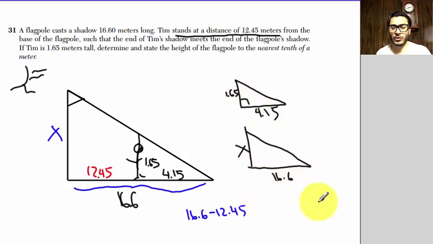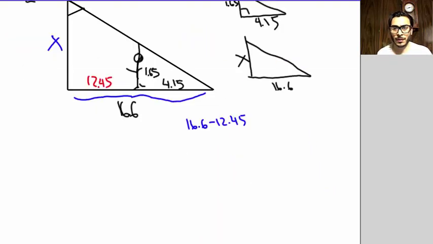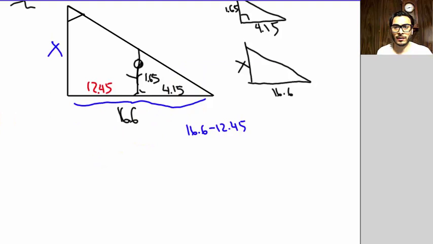So you could see the proportion here, right? Hopefully you could see it. I'm going to write 1.65 over 4.15, and I'm going to set that equal to X over 16.6. You got to make sure your corresponding sides match on these proportions.